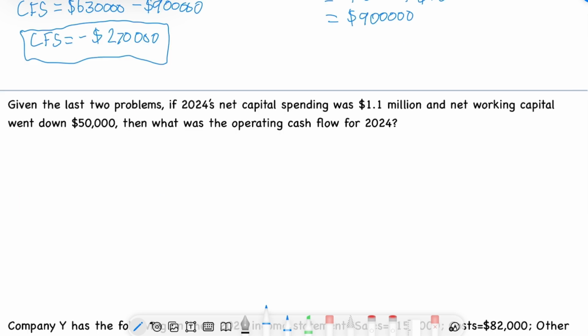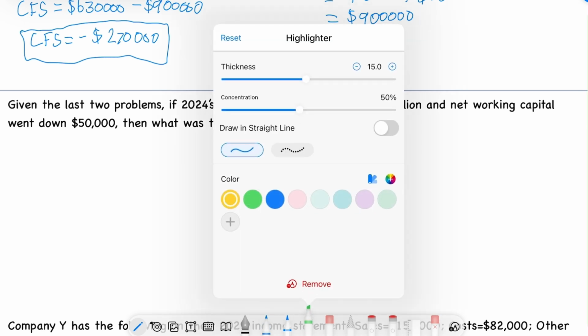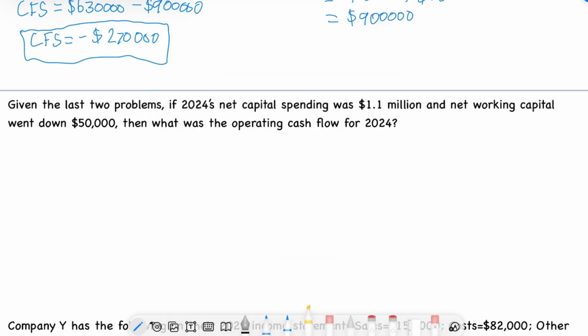This next problem says, given the last two problems, if 2024's net capital spending was $1.1 million and net working capital went down $50,000, then what was the operating cash flow for 2024? In this case, we're given what we're given in the last two problems, which was cash flow to stockholders and cash flow to creditors.